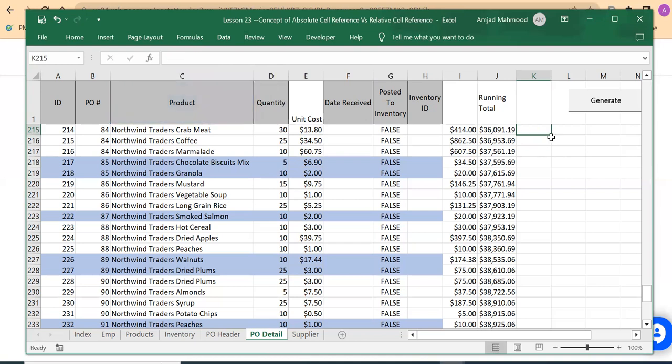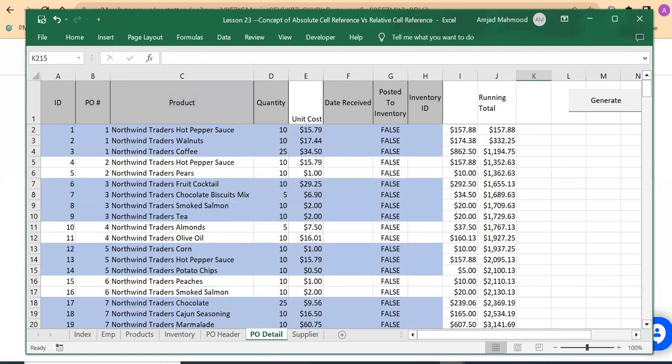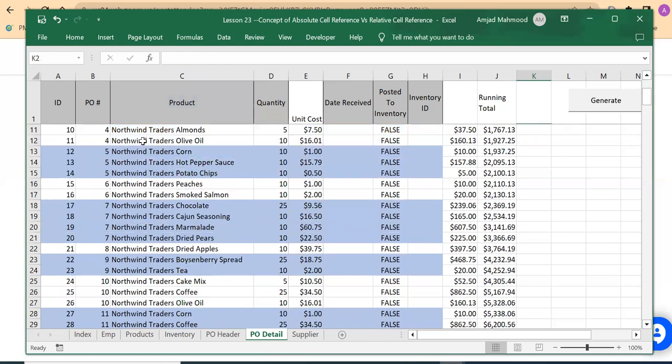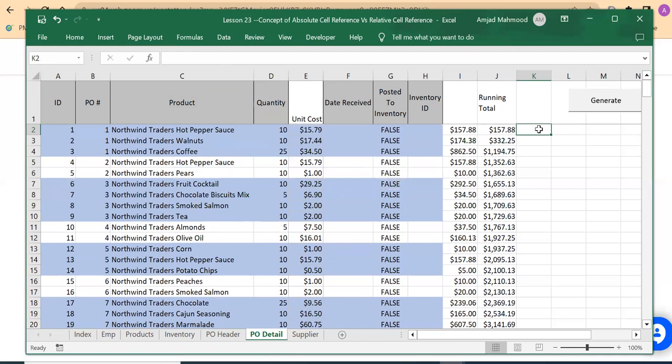Oh, hang on, sorry. First of all, make sure that you are on row number 2. This sometimes happens when you are screen sharing. Okay, so let me write it again.